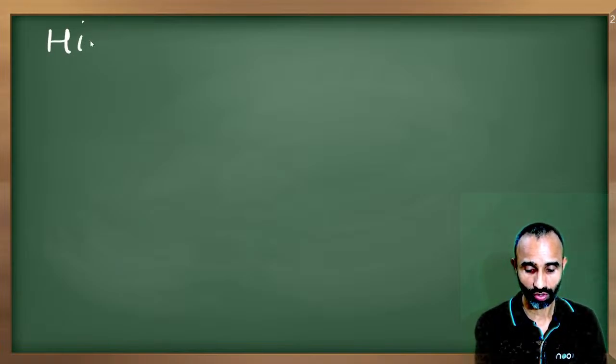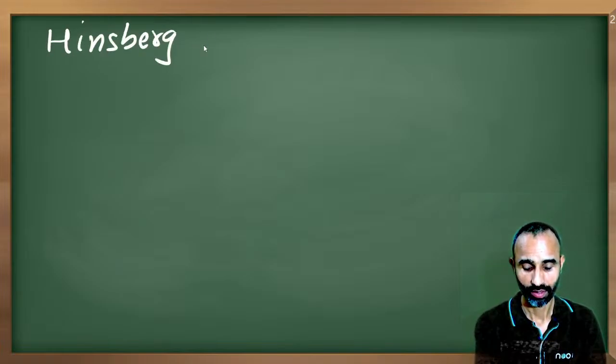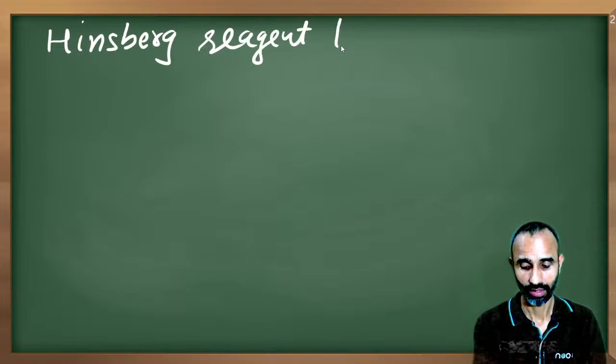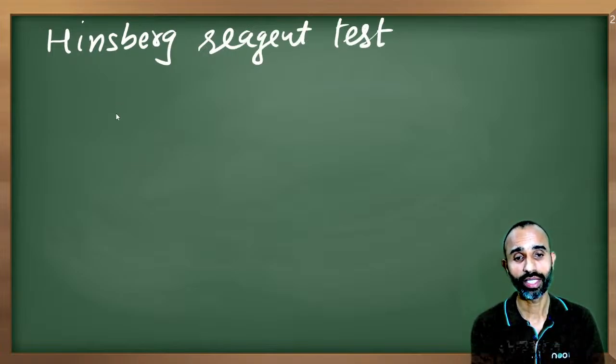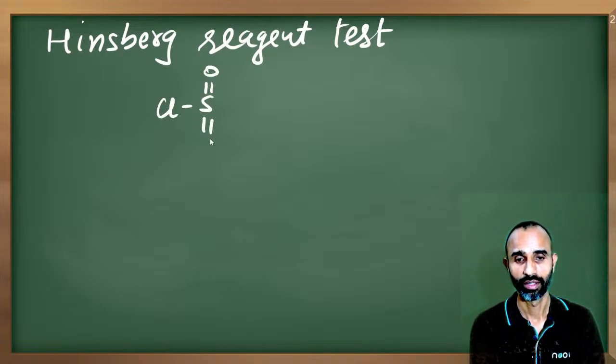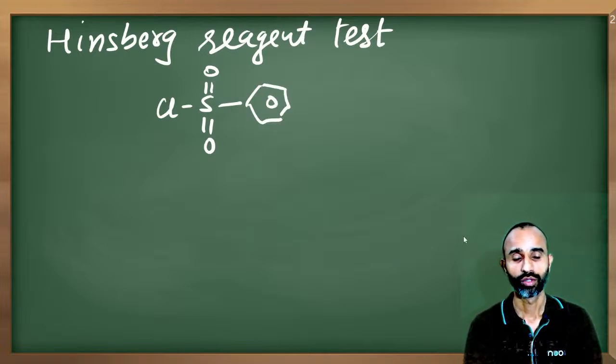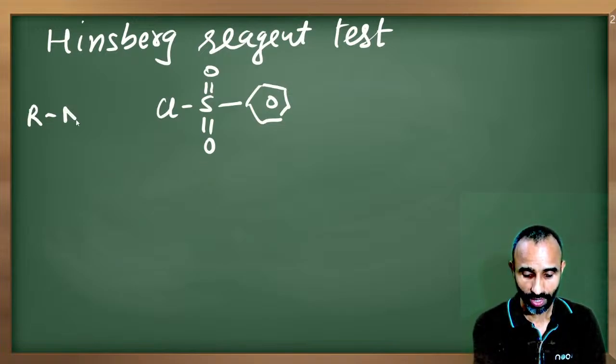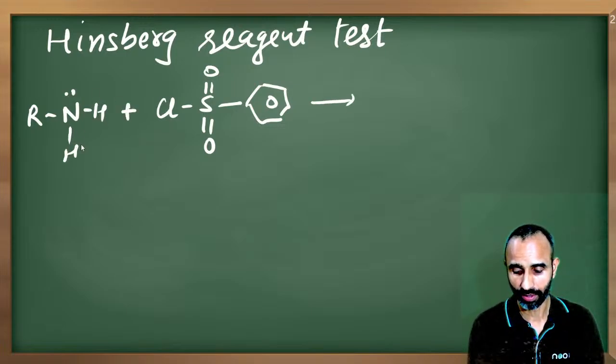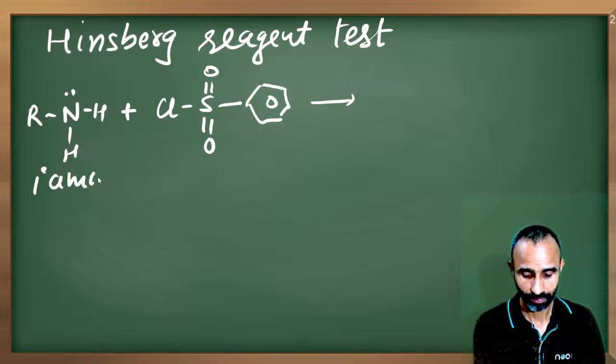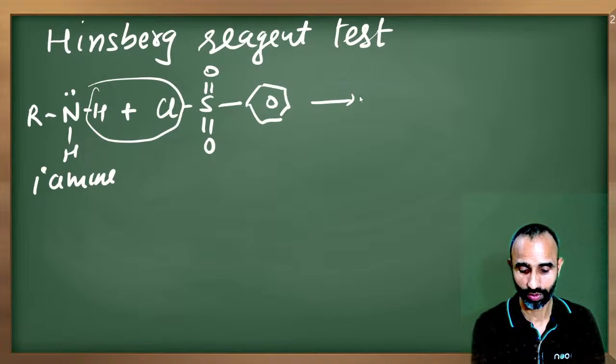So to test all of them we use the Hinsberg reagent test. And what is Hinsberg reagent? It is benzene sulfonyl chloride. So benzene sulfonyl chloride is called Hinsberg reagent. When we treat it with primary amine, then HCl is removed.